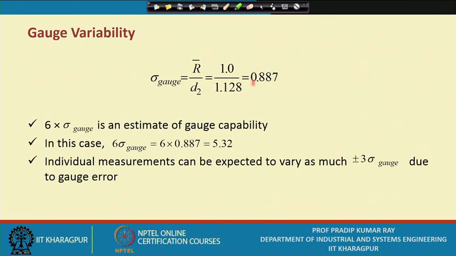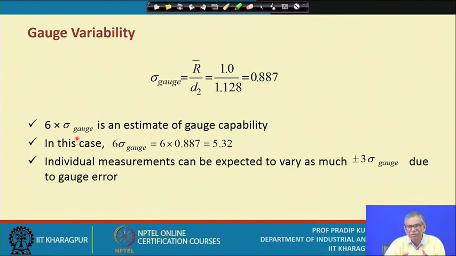So it is 0.887. Now, as you know, we say that the capability, that is the natural tolerance limit (NTL), we calculate, and that is indicative of the capability. Here the gauge capability is referred to as 3K into sigma.